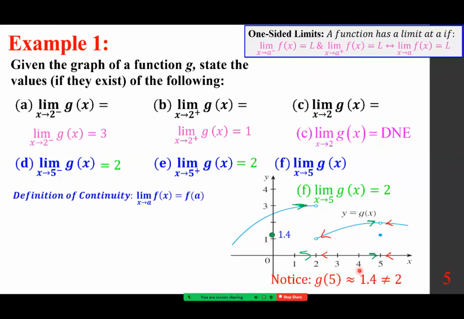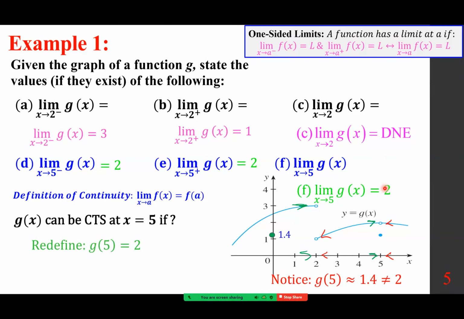And continuity happens when the limit is equal to the functional value. But this discontinuity, known as a jump, can't be fixed. But this one is called a removable discontinuity. All we have to do is redefine g of 5 to be the limit value, which is 2, and it becomes continuous at that point. Okay.